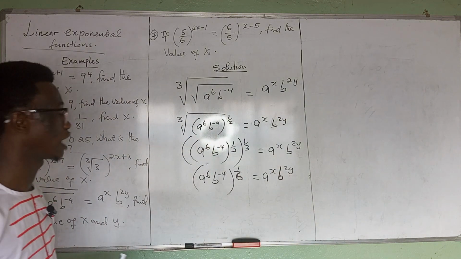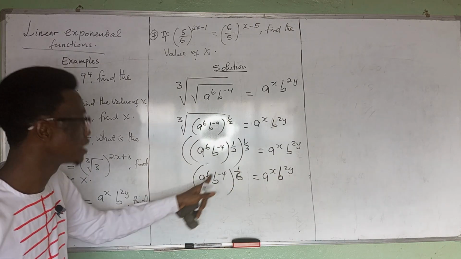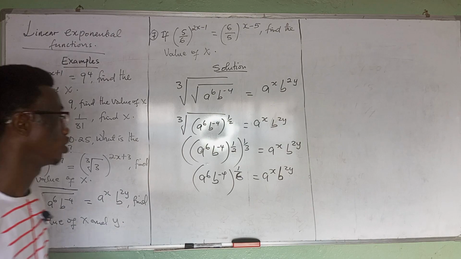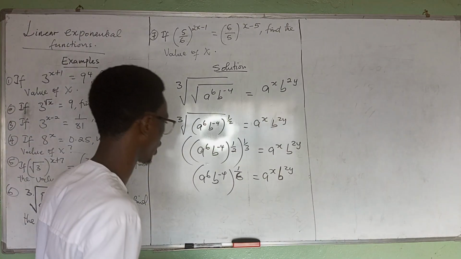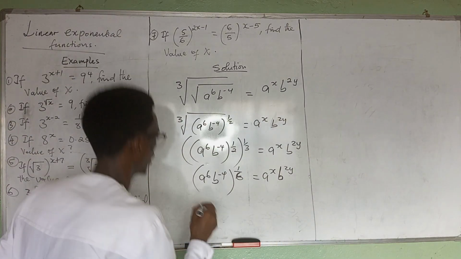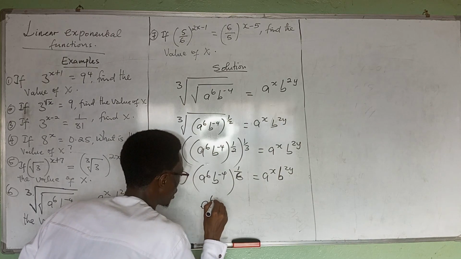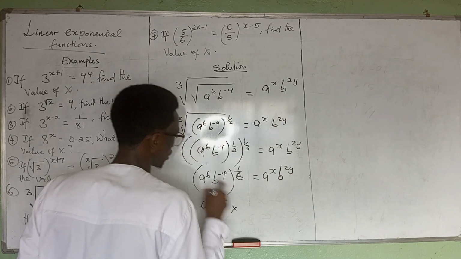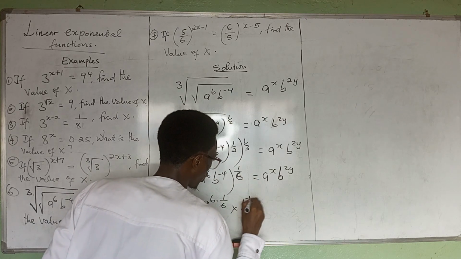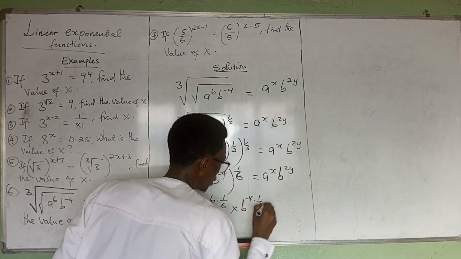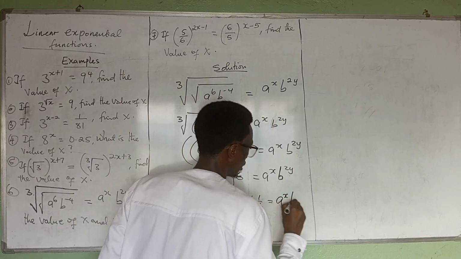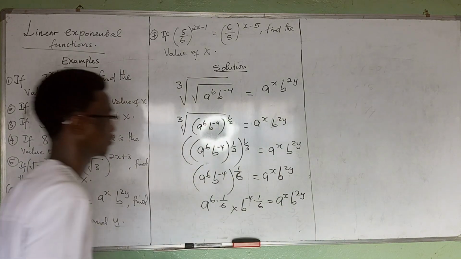Okay, so now these are all powers. When a power again is raised to another power, what do you do? You multiply them. So this becomes a to the power 6 multiplied by 1 over 6, times b to the power minus 4 multiplied by 1 over 6, equals a to the power x, b to the power 2y.